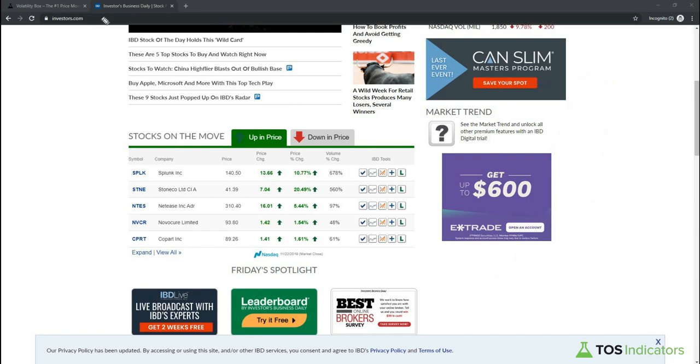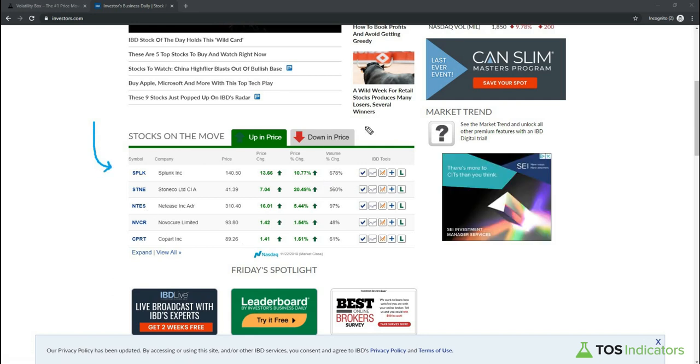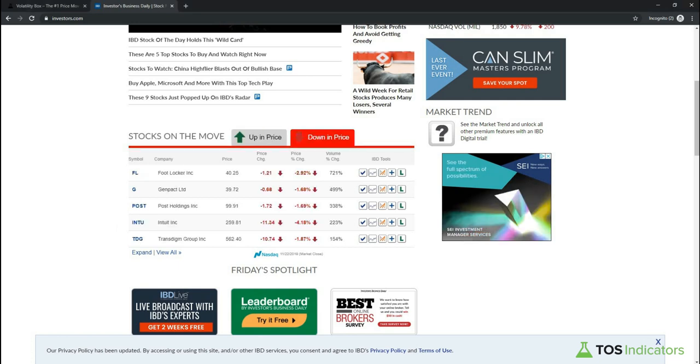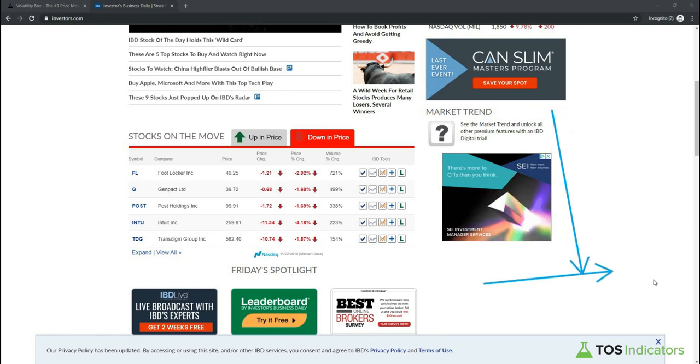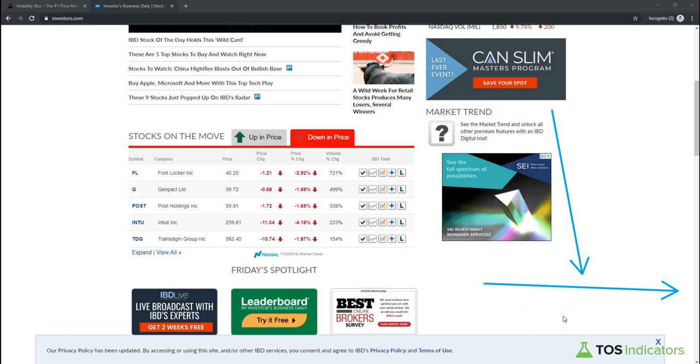And now, conversely, knowing that this is the IBD list, which generally speaking has lower liquidity than most other stocks, then you might be looking at something like the down in price, which lets you buy the shares outright instead of having to worry about options, where there's more thinly traded options here, right? If we look at down in price, then the logic is a little bit opposite, which is prices started to fall into our volatility box, and we're now looking for an opportunity to catch that price action and look for that reversal.